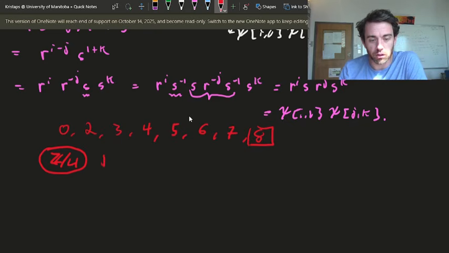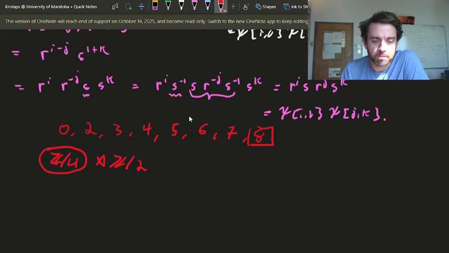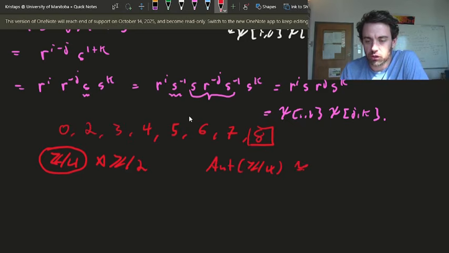If it were Z mod 4 being the normal subgroup in the semi-direct product, then what could we say? Well, in this case, the automorphism group of Z mod 4 is isomorphic to the integers mod 2.